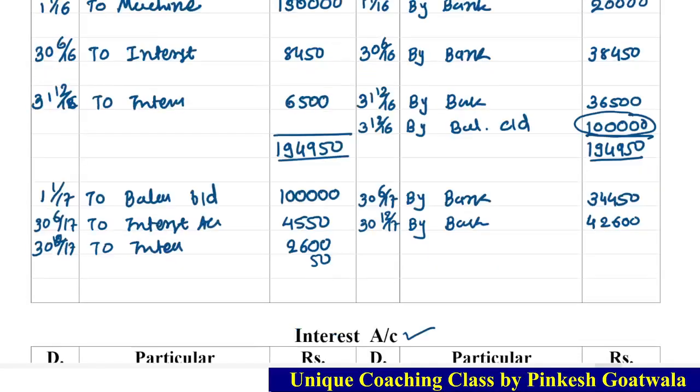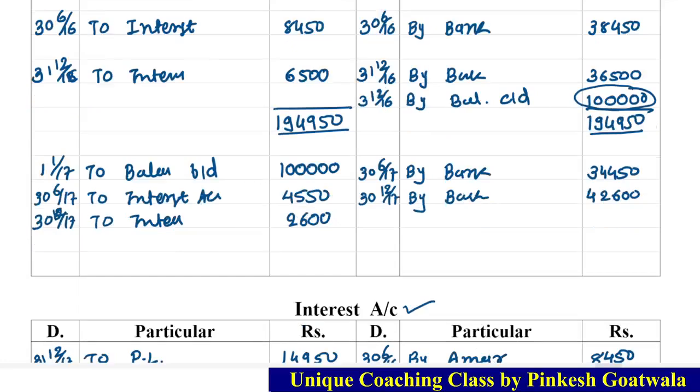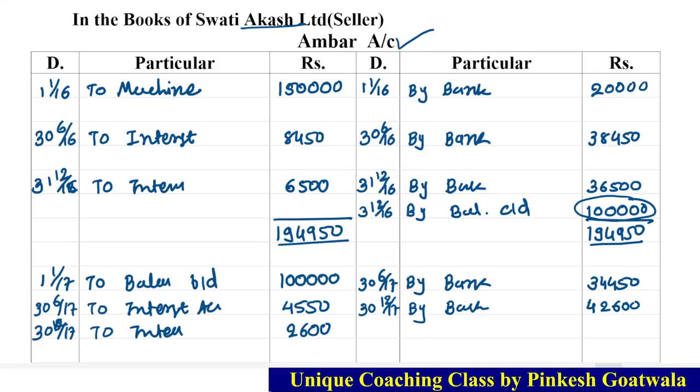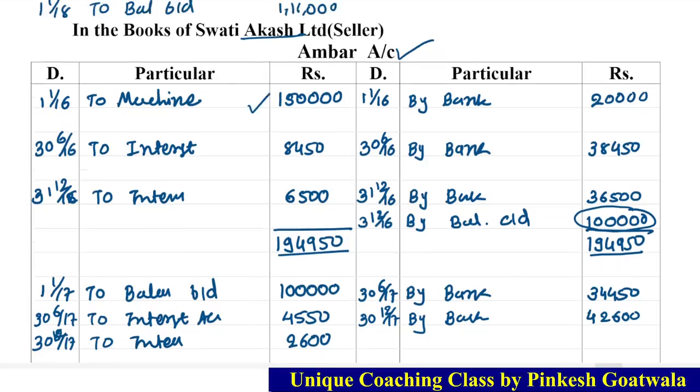Now let's close this, but before closing it, I think I have made some mistake in the calculation. Here 150 plus 8450 plus 6500. I made a mistake in the total. The total comes 1,64,950.